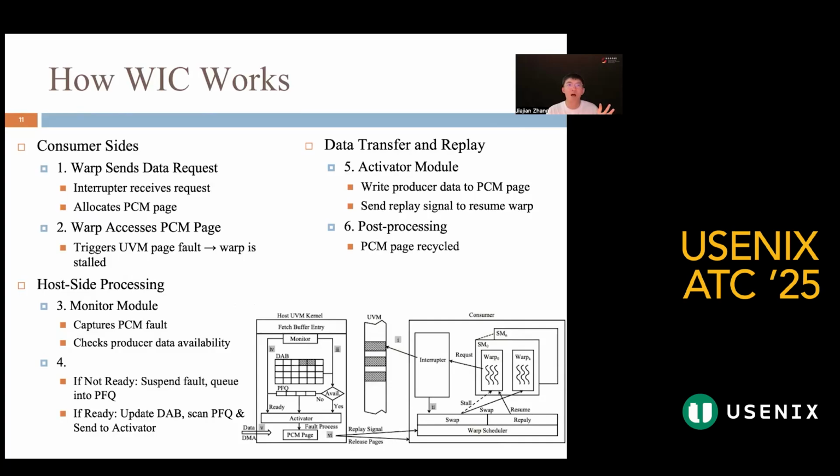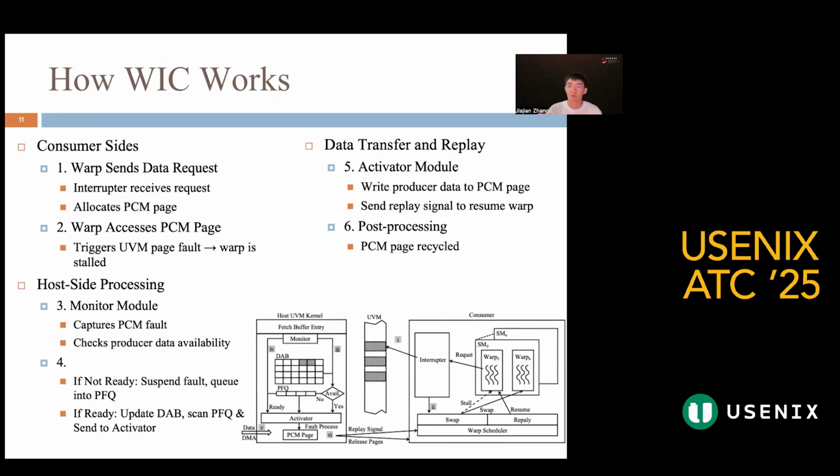So how does WIC work end to end? The whole process starts on the consumer side, where a warp needs data from the producer. Instead of immediately polling, it sends a request to the interrupt, and then the interrupt allocates a free page in the UVM on the host, depending on how much data is needed.